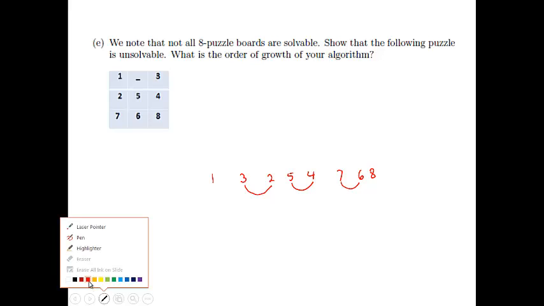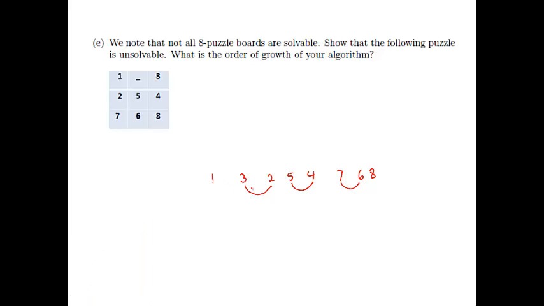All right, so let's count the number of inversions in this array. Given the array 1, 3, 2, 5, 4, 7, 6, 8, we look at 1. 1 is less than all of these things, so there are no inversions from 1. 3 is greater than 2, so there's 1 inversion there. 2 is less than all of these things, so there are no inversions coming from 2. 5 is greater than 4, but less than all of the rest, so there's 1 inversion coming from here. 4 is less than 7, 6, 8, so no inversions. 7 is greater than 6, so there's another inversion coming from 7, but 7 is less than 8, so there's no inversion there. 6 is less than 8, so it's all fine.